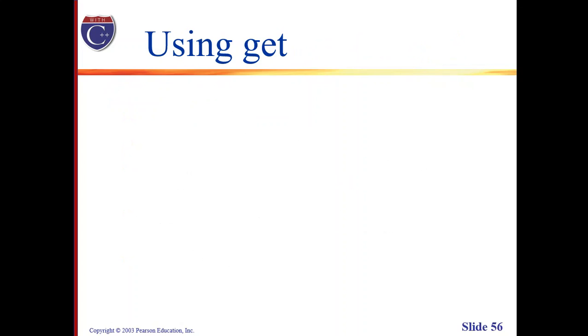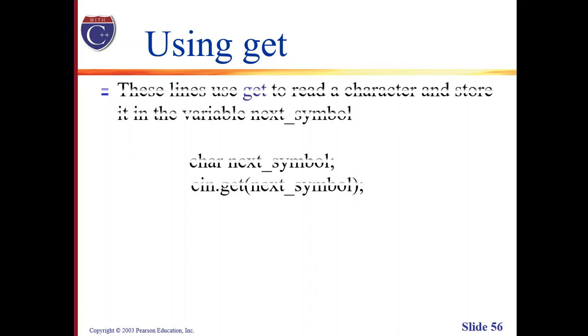Now, how do we use the function get? For example, we have the following lines which use get to read a character and store it in the variable next symbol.